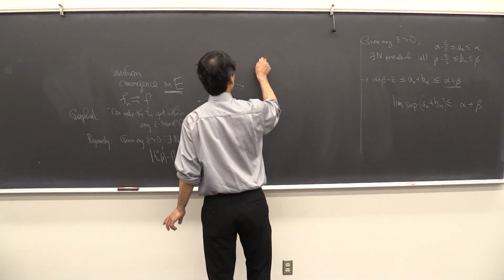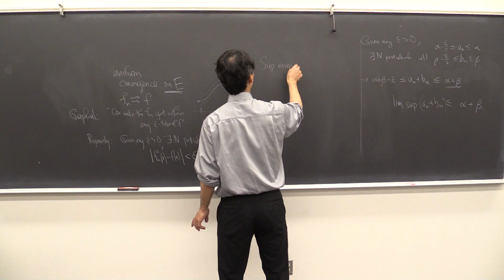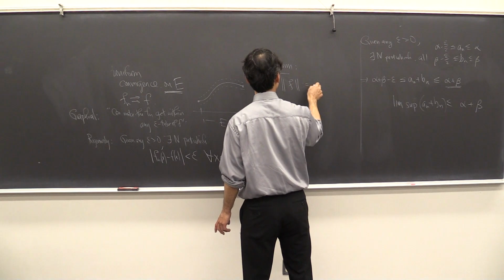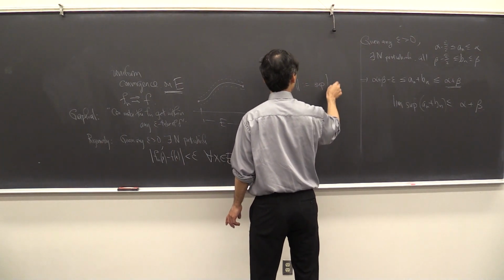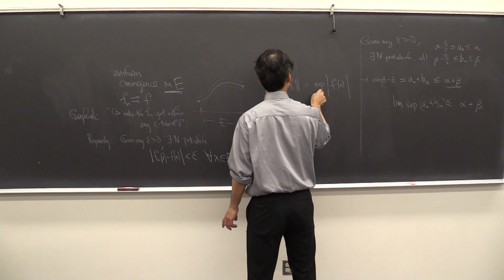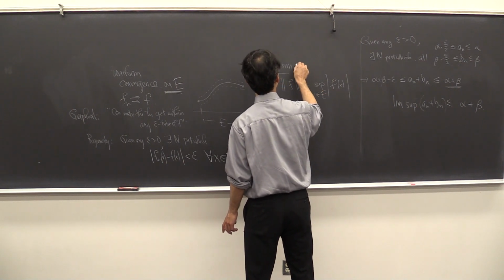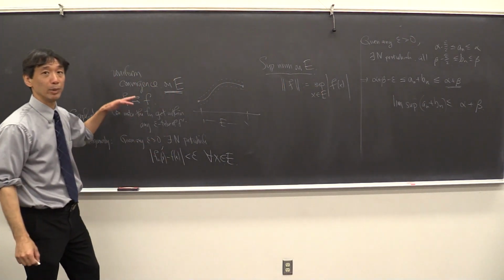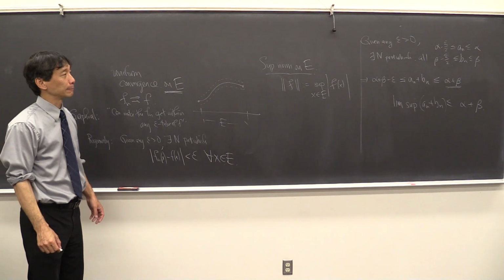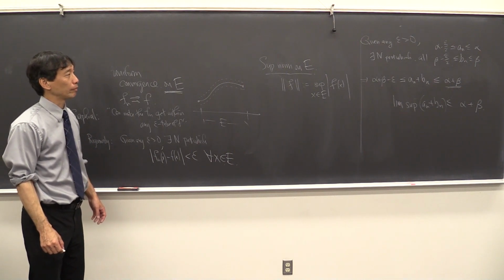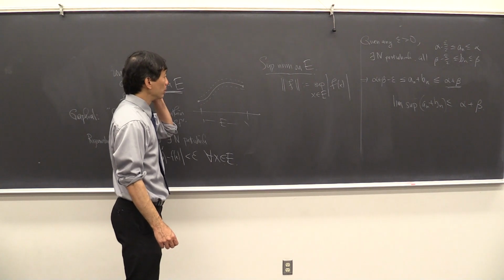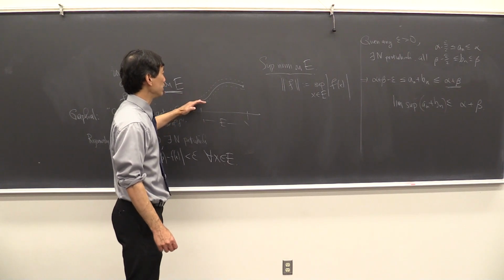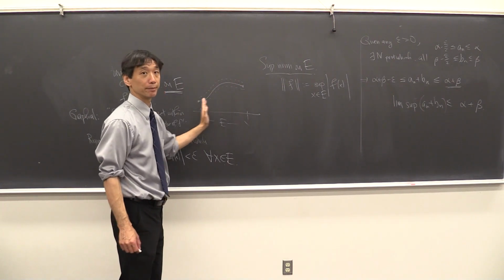Now the sup norm is just that the size of the function is defined to be the supremum of its values. So you take the greatest of the absolute values of your function over the whole set.